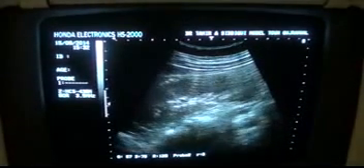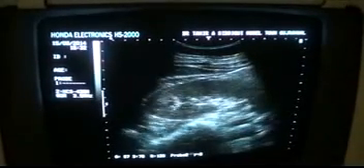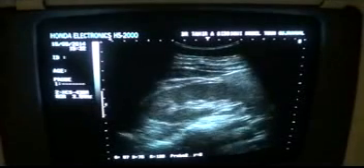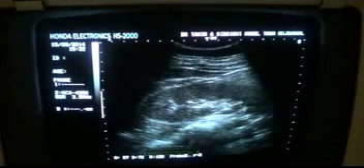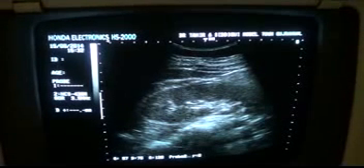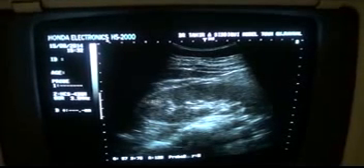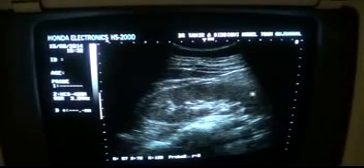Now I am scanning the same kidney but with the patient in left lateral decubitus posture, and you can very well see that there are pyramids seen there. This is the cortex, central sinus echocomplex, thickness is normal, upper pole, mid region, lower pole.